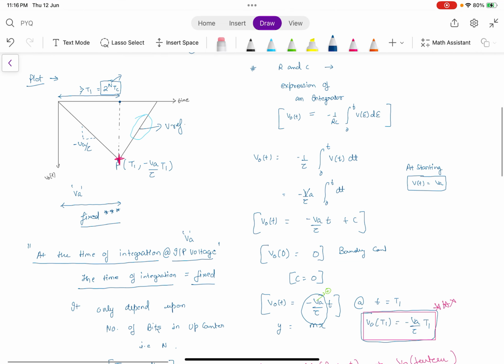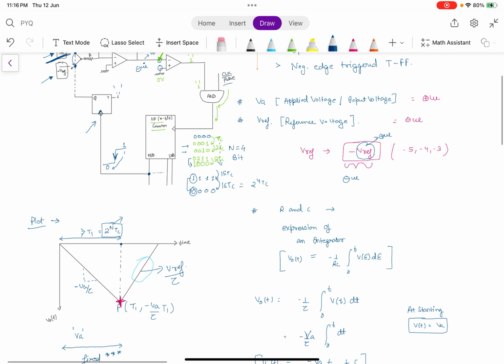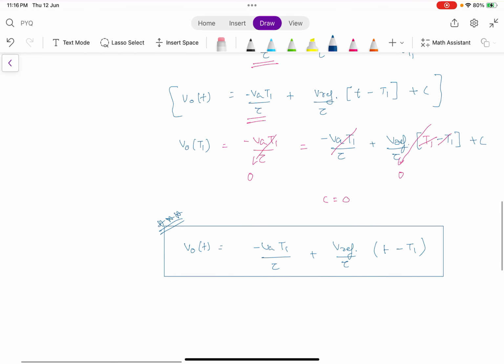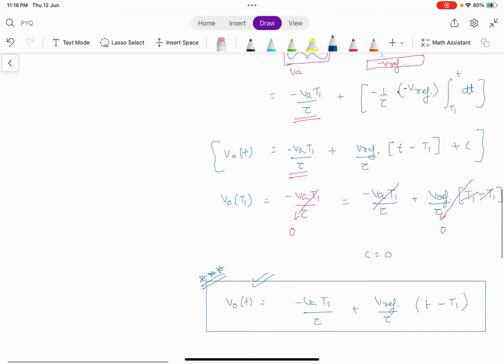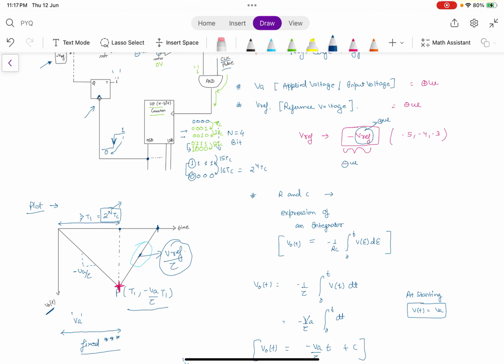You can again find this same equation and cross verify it: you know this point, you know the slope, you can write the equation of this line, and you will get the same expression. Now further going up, what happens at this point? At this point, V naught of T again has to become 0 in order to stop the counter and get our desired output from these lines.